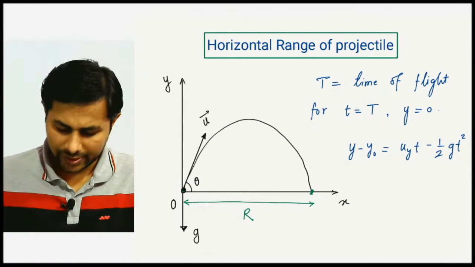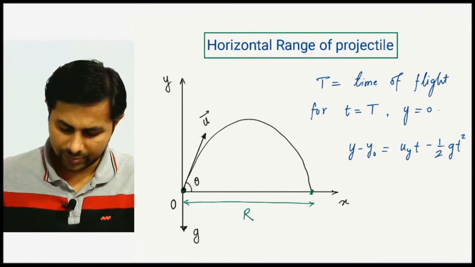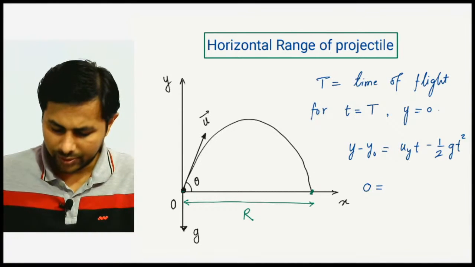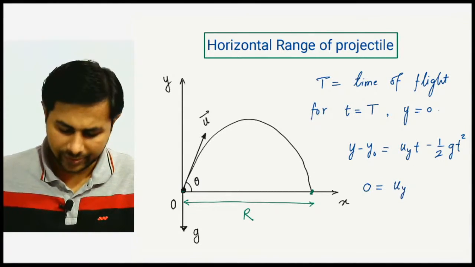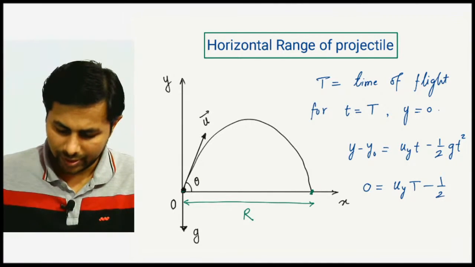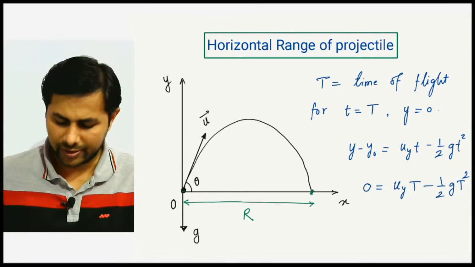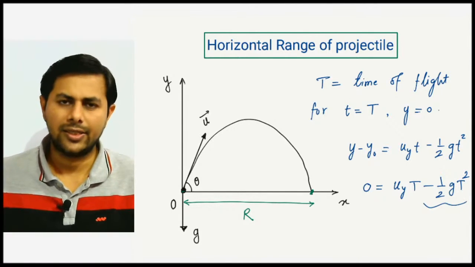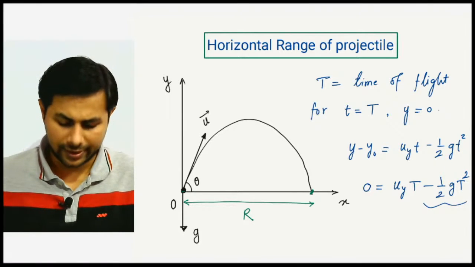Let's substitute t equals capital T. On the left hand side we have 0 equals uy times T minus half of g multiplied by T squared. Now I will take this minus half of g T squared to the other side.